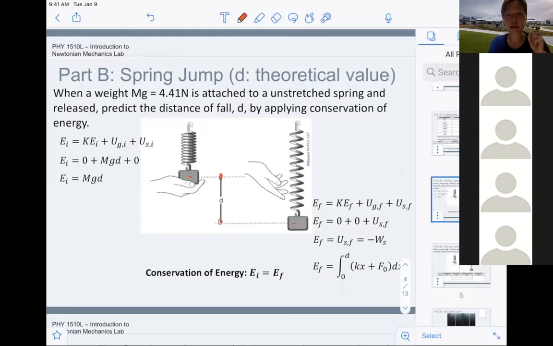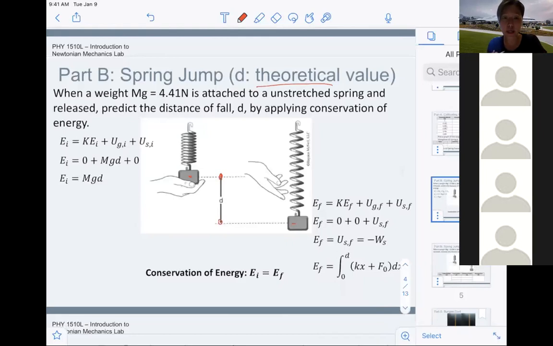One way is we can calculate D using a theoretical method, and we will obtain a theoretical value. Then we observe this distance D in the lab, which gives us an experimental value. So we're going to compare the theoretical value to the experimental value.